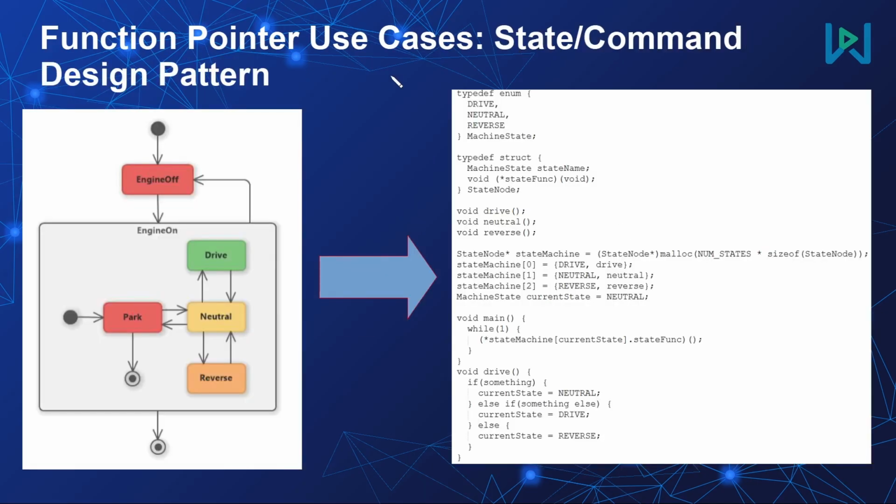Another advanced use case of those function pointers in C is to implement a full state and command design pattern. In this case, we can implement a full model that exists within real life using basically function pointers.